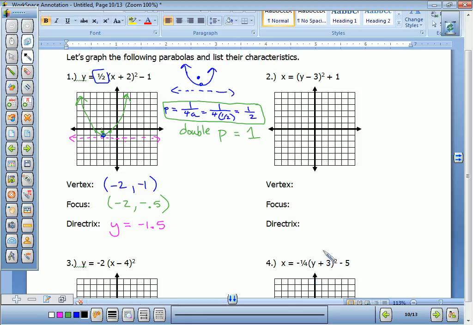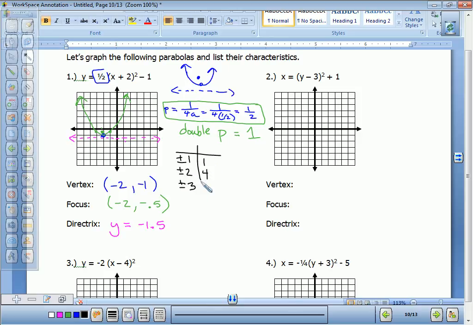All right, now, let's say you don't like graphing it by doubling P. That's fine. You can still do the moves. Plus or minus 1 squared is 1. Plus or minus 2 squared is 4. Plus or minus 3 squared is 9. But because this one has the 1/2 in front, we would have to multiply by 1/2. So we would go over 1 up 1/2.